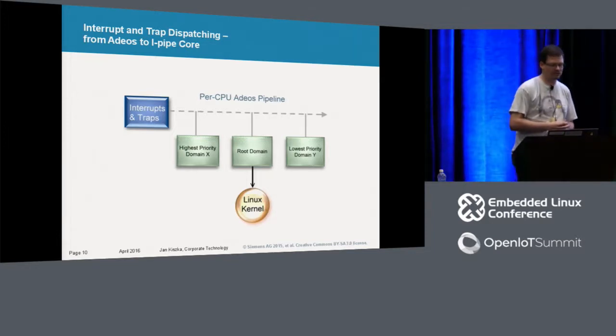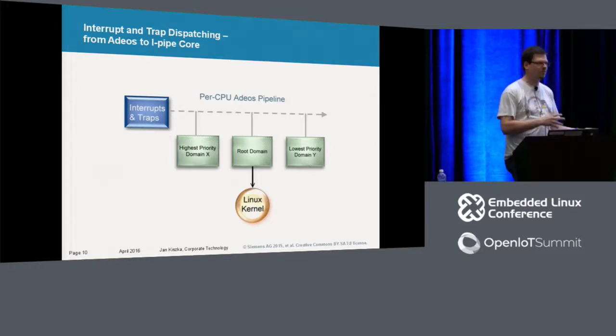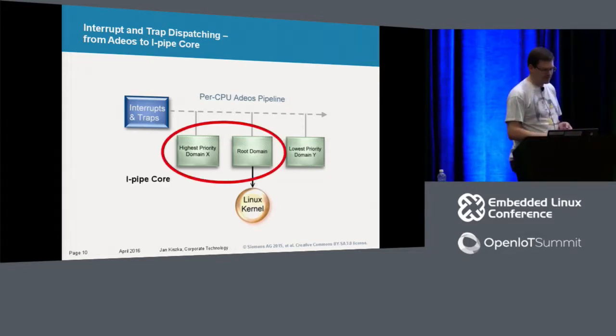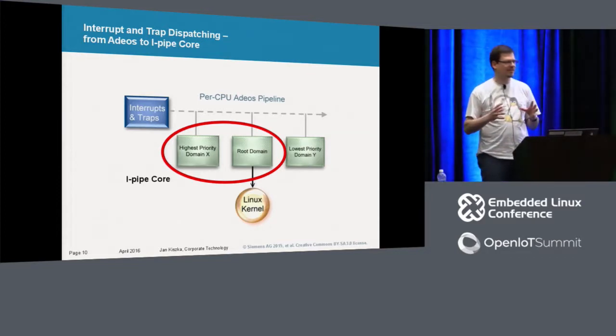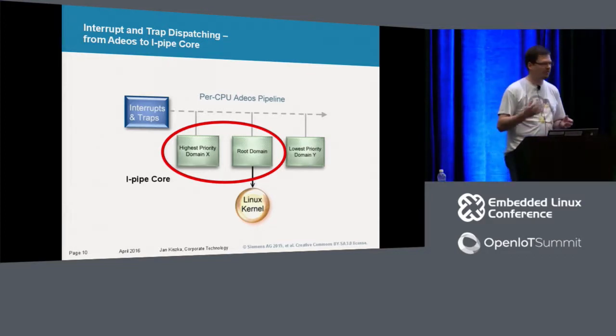The chain could be longer, but at least one element in this chain has to be Linux, of course, the root element. And then there would usually be a higher domain and a lower domain conceptually. But in the end, it turned out, of course, that for our use cases what we actually want are only two domains. So that's basically where I-pipe comes from, a further development of the ADEOS core towards this simplified model where you only have two domains running.